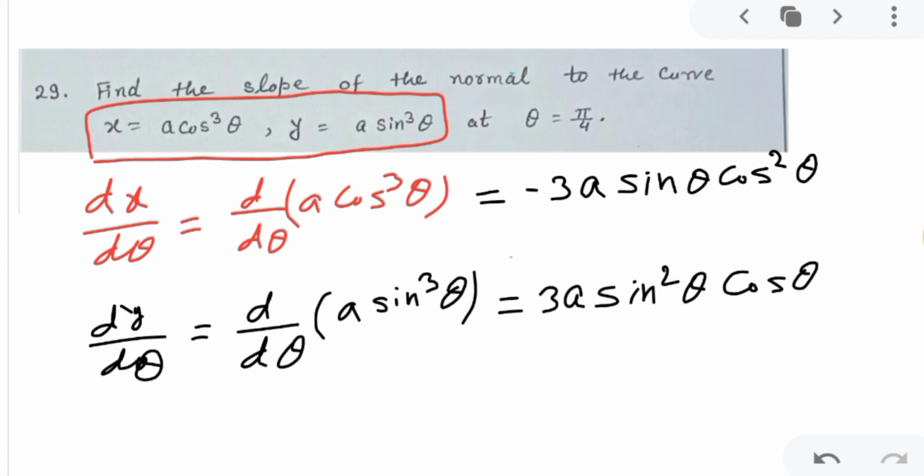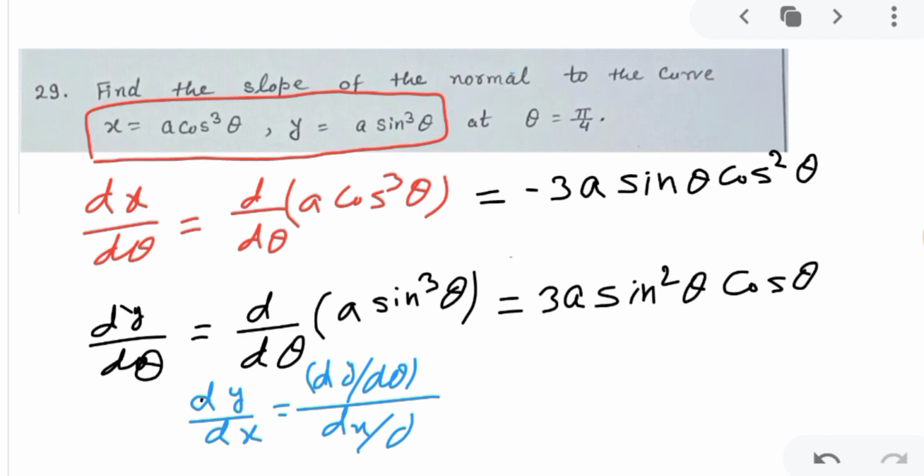Okay. Now, what do we have to find? First we need to find dy upon dx. So dy upon dx is nothing but dy upon d theta divided by dx upon d theta.